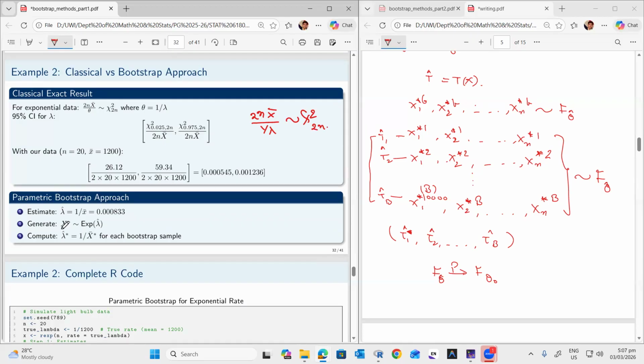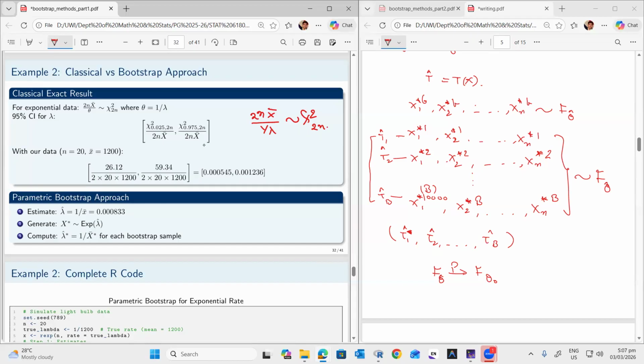All right, so from there the confidence interval for the exponential distribution is chi-square 0.025 with 2n degrees of freedom divided by 2n x bar, comma, chi-square 0.975 with 2n degrees of freedom divided by 2n x bar.